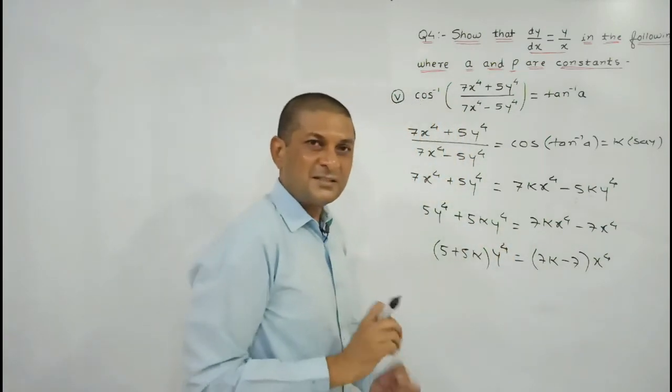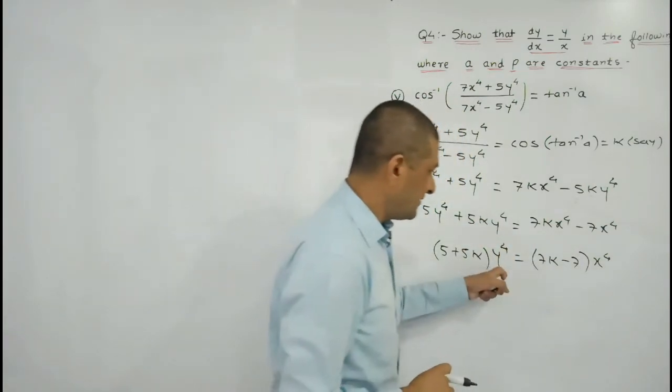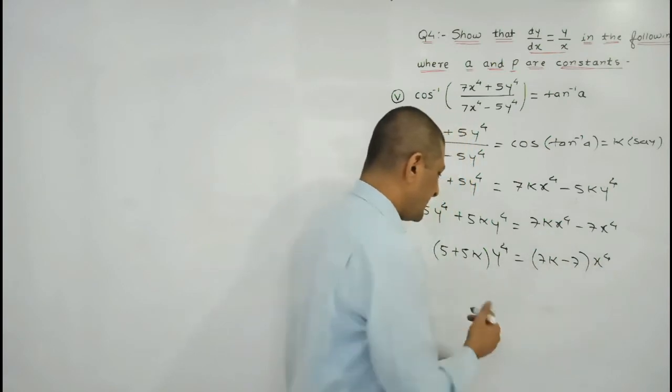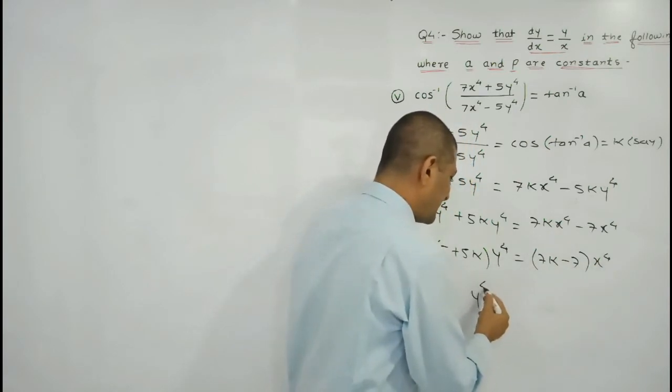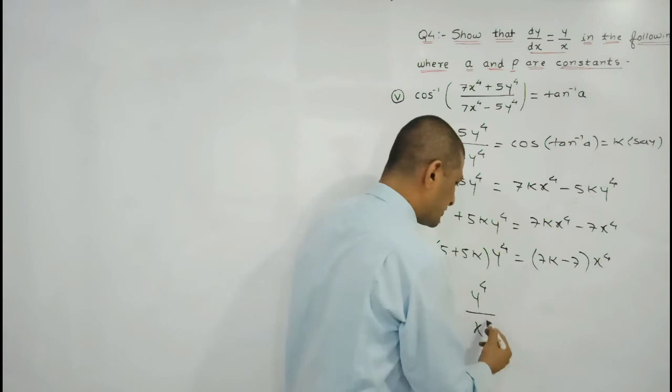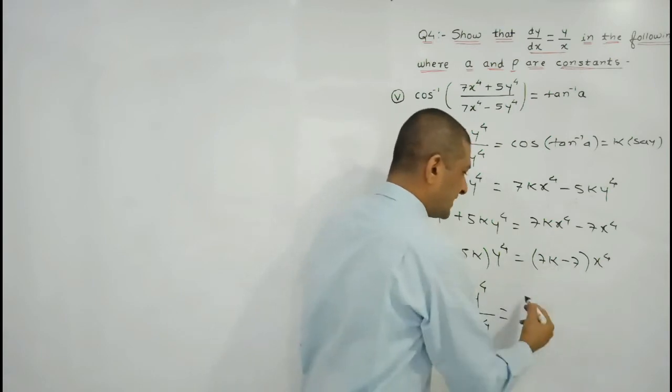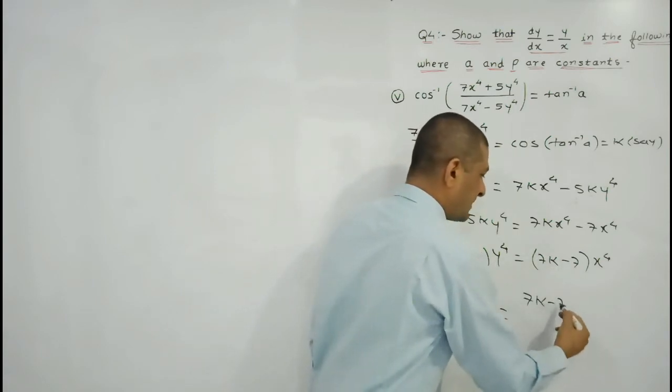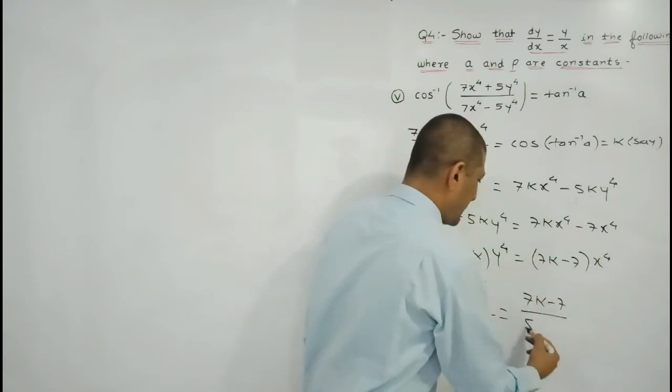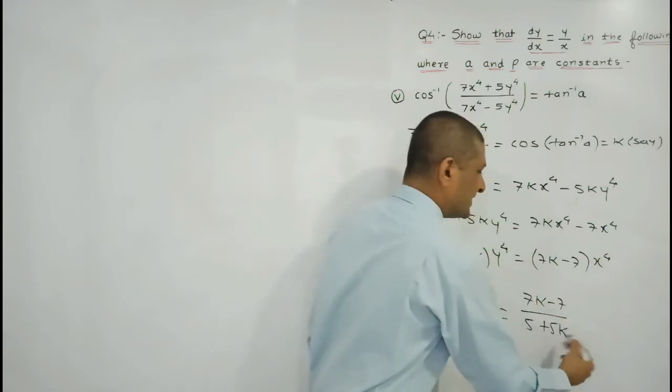Now we are collecting the terms of variables on one side. Which are our variables? y and x. So collect these terms on one side: y raised to power 4 divided by x raised to power 4. And the constant term we are collecting on this side: 7k minus 7 divided by 5 plus 5k, isn't it?